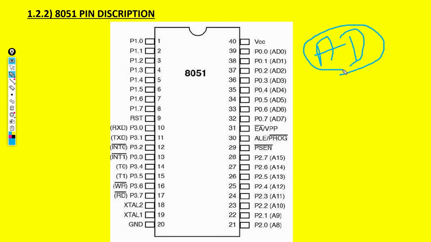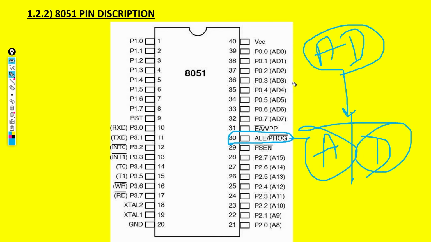Demultiplexed means separating the address bus and data bus from each other. So the 30th pin ALE separates the address bus and data bus, which were multiplexed in port 0.